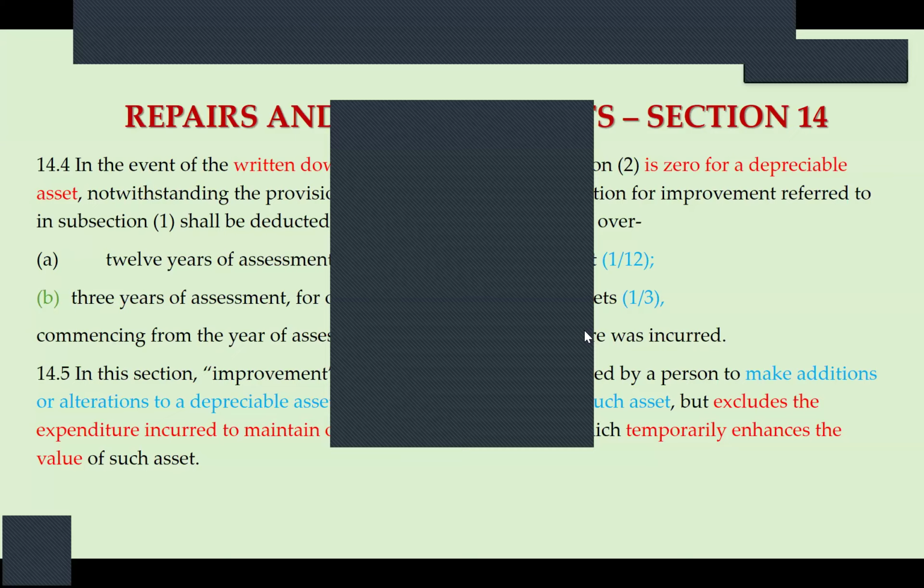Repair. Yes, repair. Why? Without any restriction, we can deduct it. That is why we have given a specific definition for improvement. Then all other expenses can be categorized under repair and the total amount can be deducted.